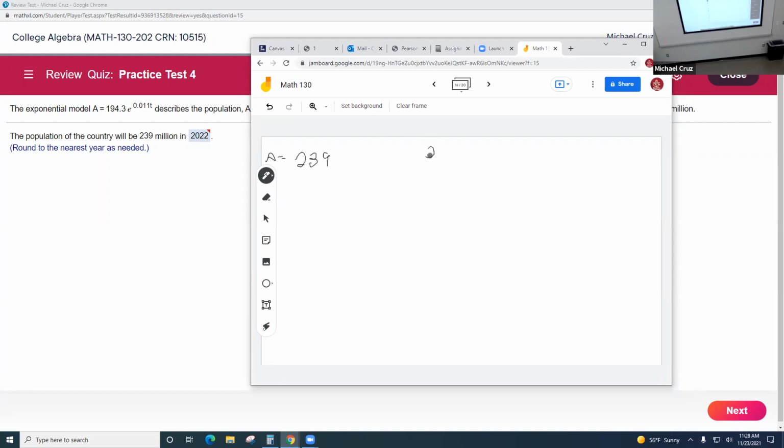So we're going to put 239 equals 194.3 e to the 0.011 t. So we're going to divide both sides by 194.3, right?